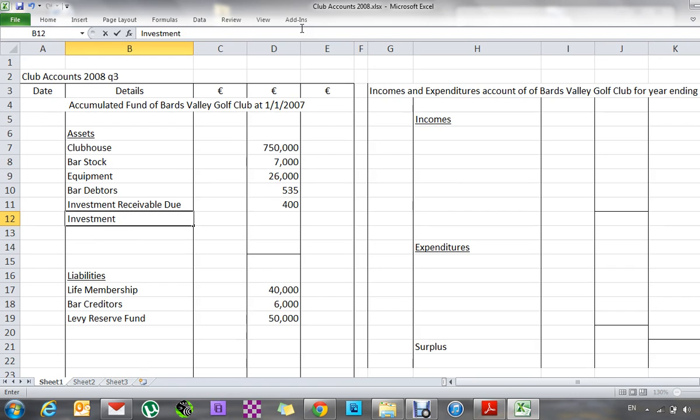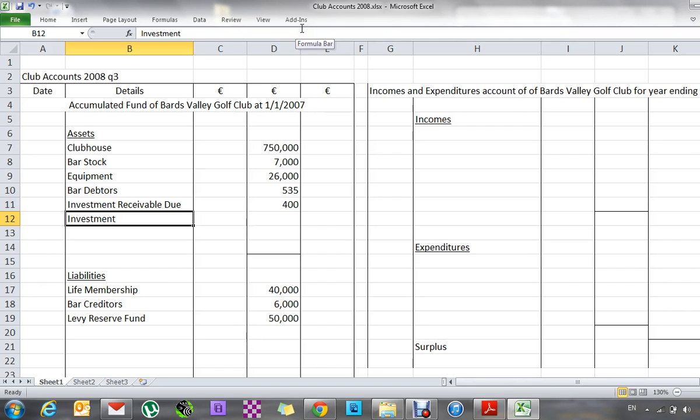Now we don't know how much the investment is worth yet, but if we were owing money from an investment from 2007, then it's logical to assume that we must have also had an investment which is an asset. So this is a current asset, which is money owing to us. This is the long-term asset where we've invested money for a long period of time.